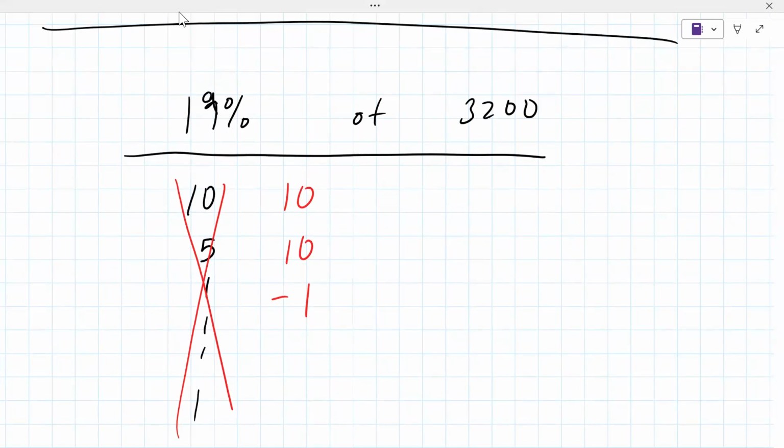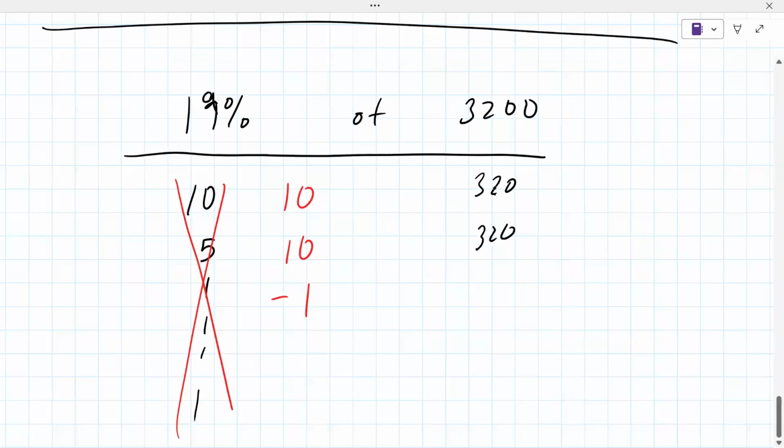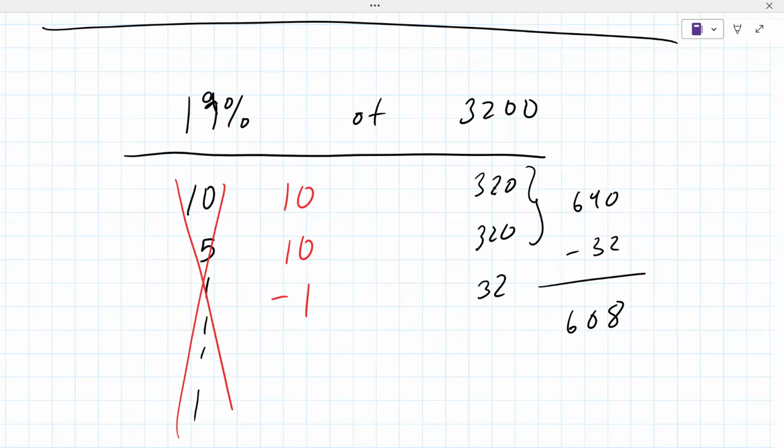So 10% of this is 320, 320, 32. So you would add those to get 640 and subtract 32 to get 608. Does that make sense?